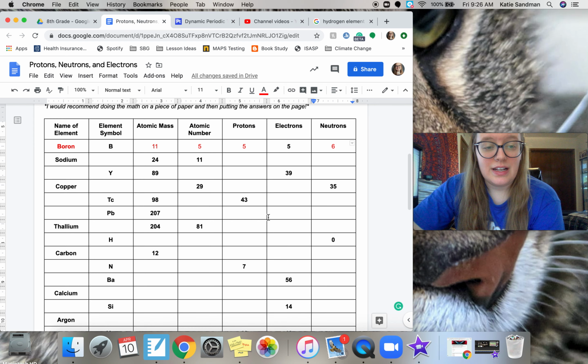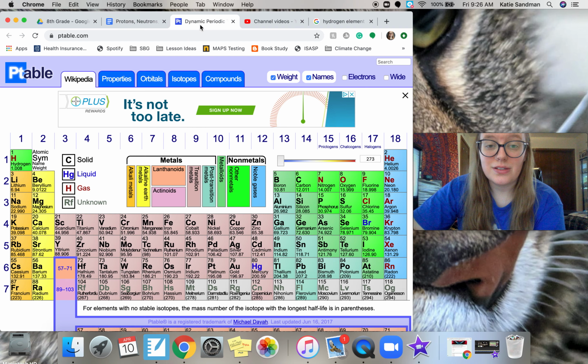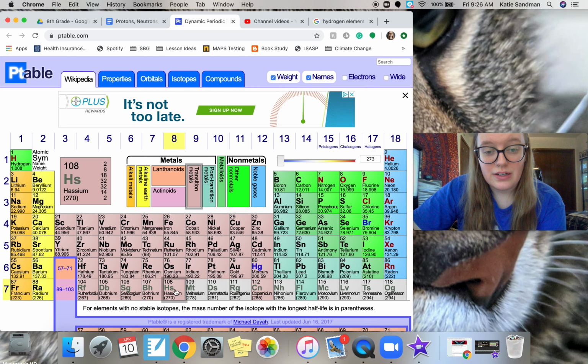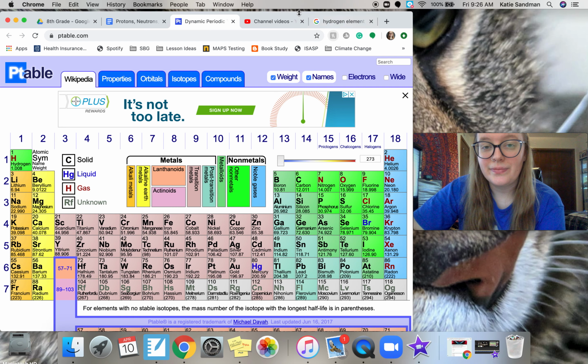It would be easy to find too if, instead of looking at the symbol, you just look at the number of electrons or the number of protons, because those are the atomic number. So let's say for this one, if I wanted to look at the number of electrons, well, the atomic number is 39, so I just need to find 39 on here. And there it is. Why, yttrium.